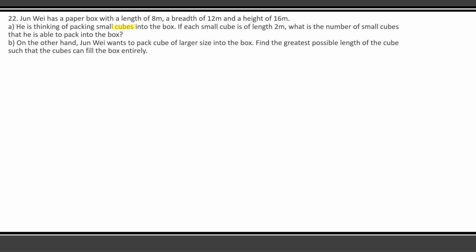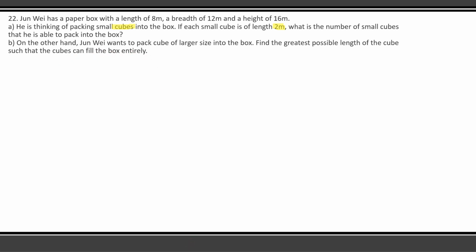If each small cube is of length 2 meters, he has told us about the length of one side, and of course the other two sides will also be 2 meters. What is the number of small cubes? We have to find out the number of small cubes that he is able to pack into the box. So let's see.